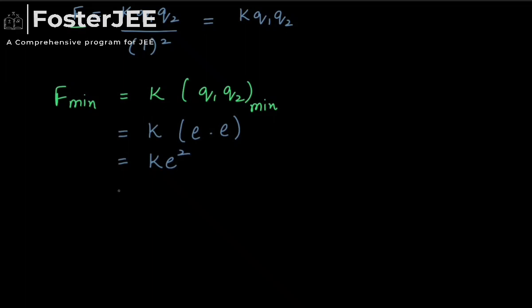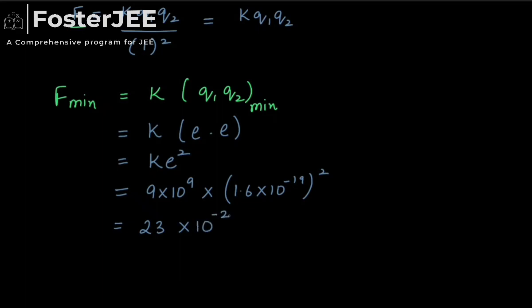On putting the values, the value of K is 9 into 10 to the power 9, into the value of e, which is 1.6 into 10 to the power minus 19, whole square. On solving this, we will get 23 into 10 to the power minus 29 Newton.